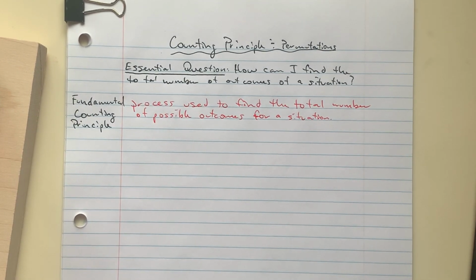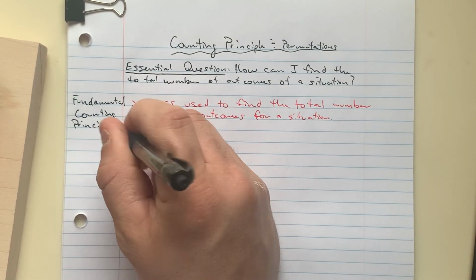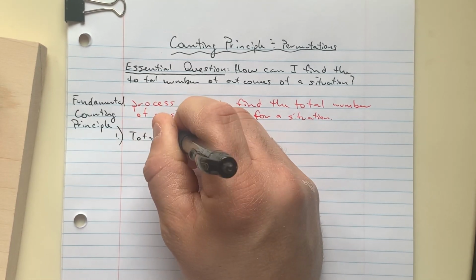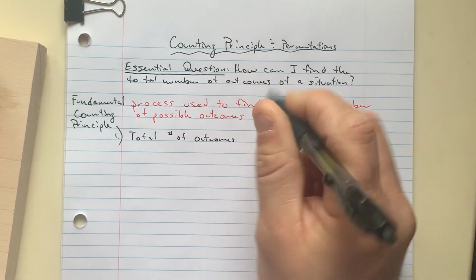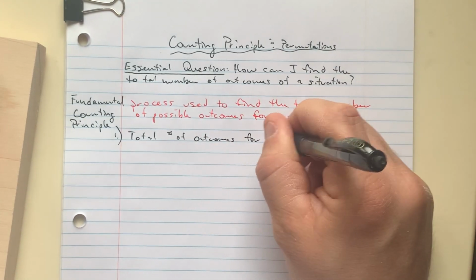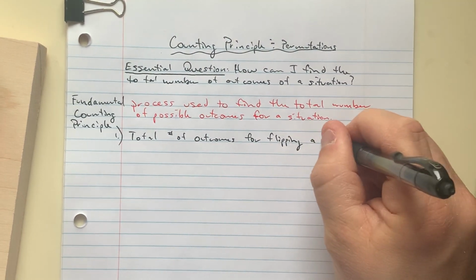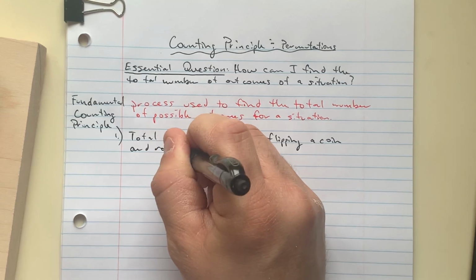All right, so one small example here is, let's find the total number of outcomes for flipping a coin and rolling a die.